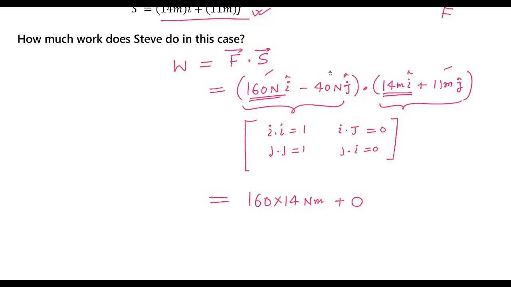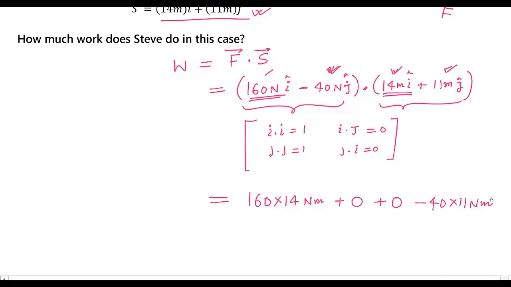Now if I multiply this minus 40 Newton with 14 m, this is again going to be 0 because this is j dot i. So this is again 0. Now the final term, I have to multiply this with this, that is j dot j is 1. So I have to write simply minus, there is a minus sign here. So minus 40 times 11, and this will be Newton meter.